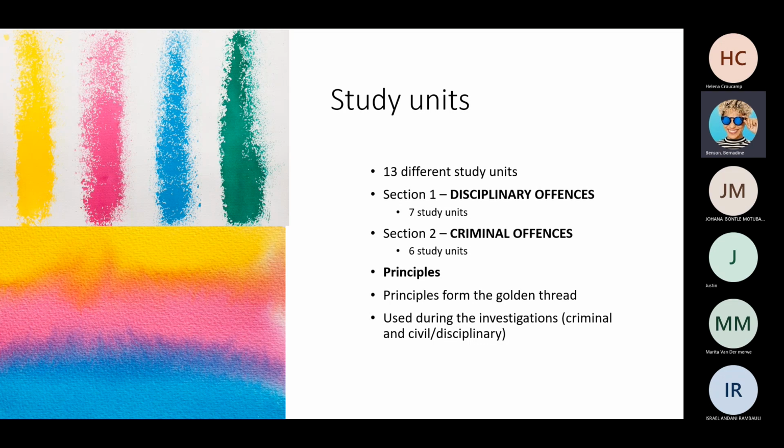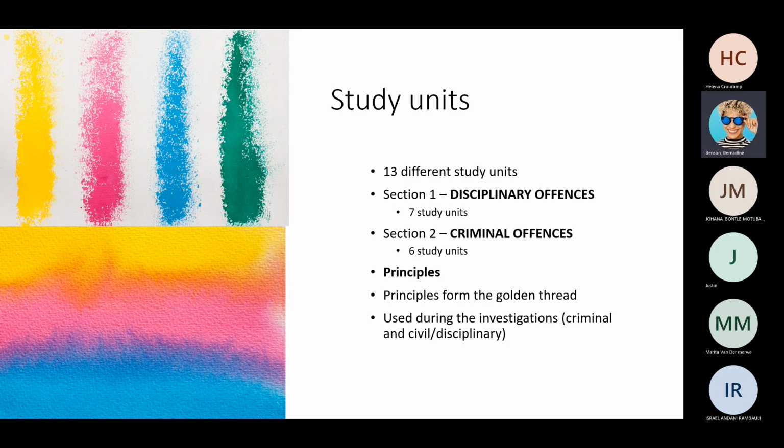Section 1 deals specifically with disciplinary, a background on what a disciplinary offense is or misconduct, and we deal with 4 different types of disciplinary offenses. Section 2, we deal with criminal offenses, and there are 6 different units.